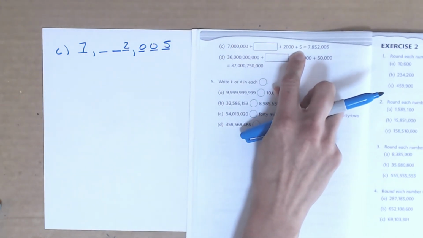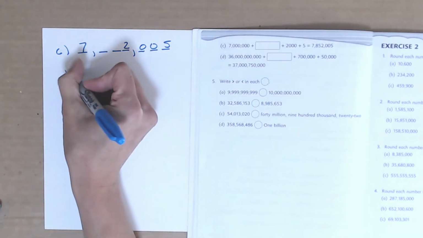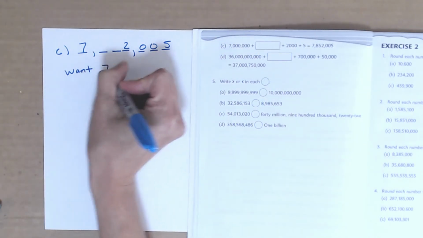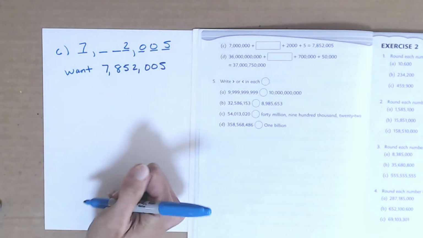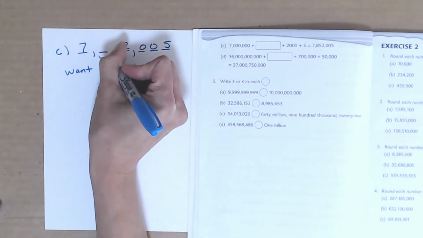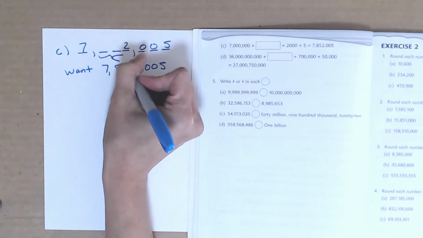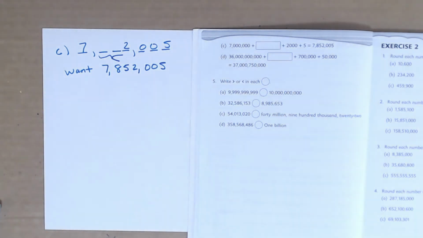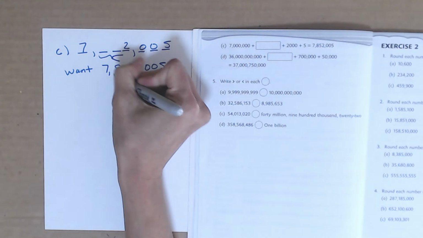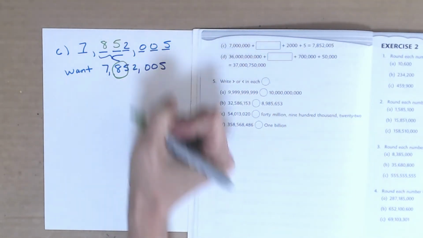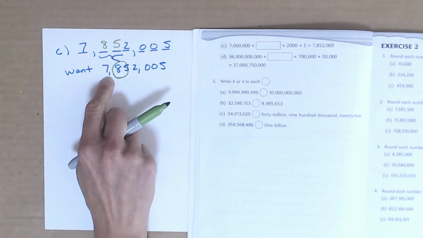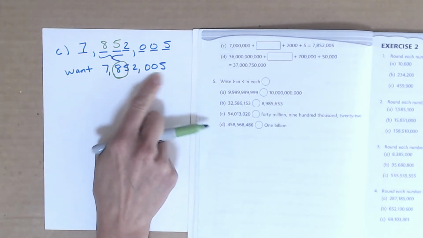And I want this number. So what I want is I want these two numbers to be, let's use another color again, 8 and 5, right? I want this to be 8 and 5, because then I will get the number 7,852,005.